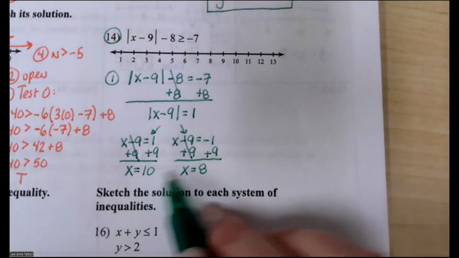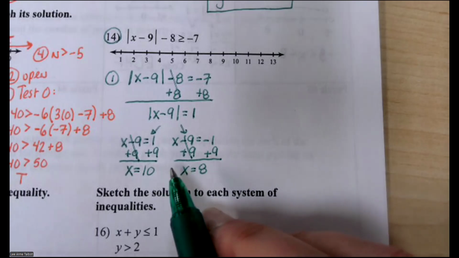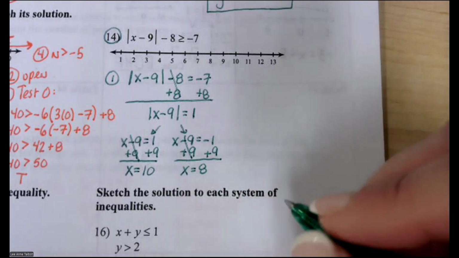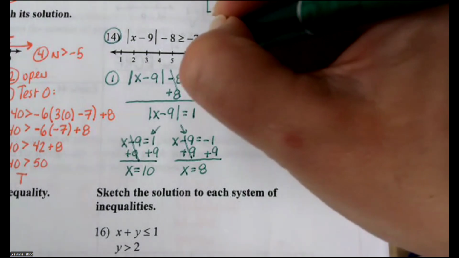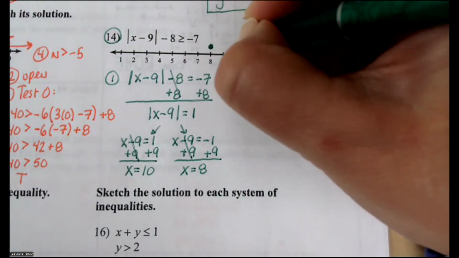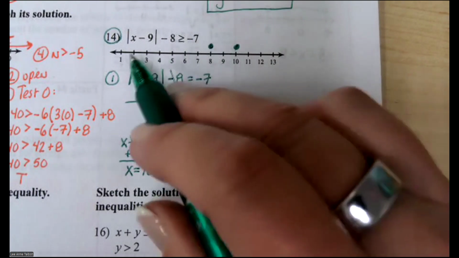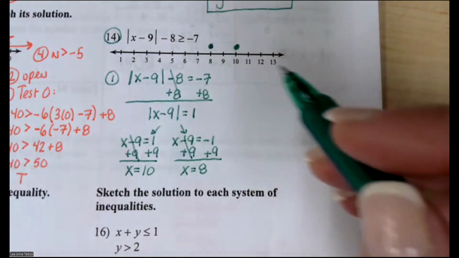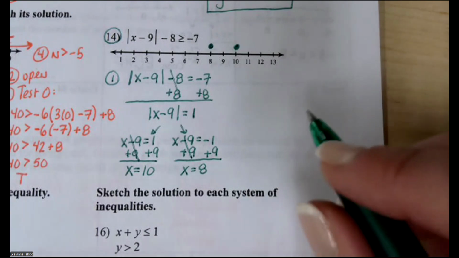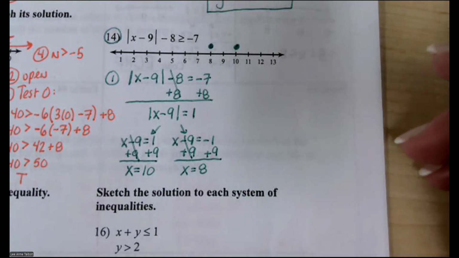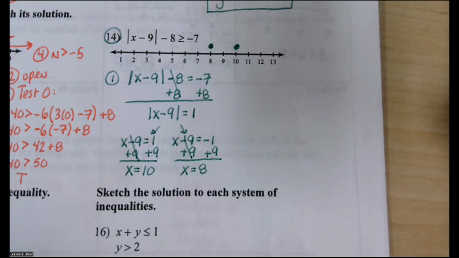Okay. Now I have two answers, 10 and 8. Should they be open or closed on the number line? Closed. And should I feel confident about getting these right? The reason I'm asking is because both of those dots are nicely on the number line, so I should feel good about it. If I got something like negative 14, I should probably think about that.